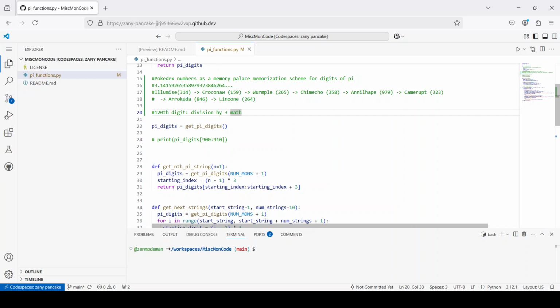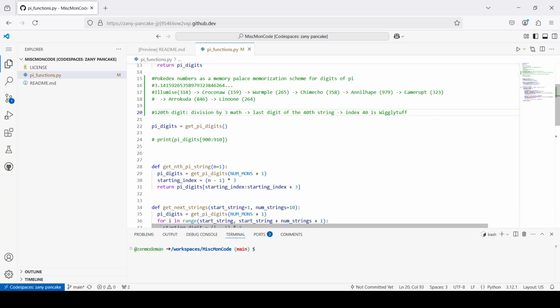In this case, I know that I'll need the last digit of the 40th string. Index 40 is the Pokemon Wigglytuff. That's number 40 on the Pokedex.